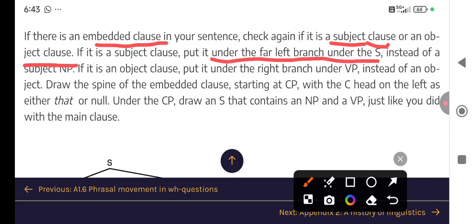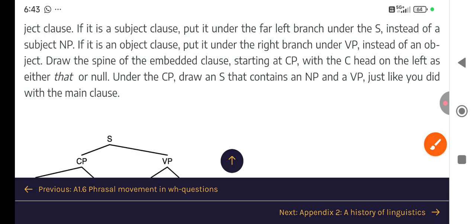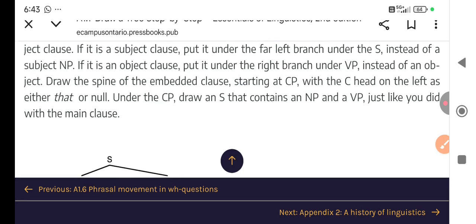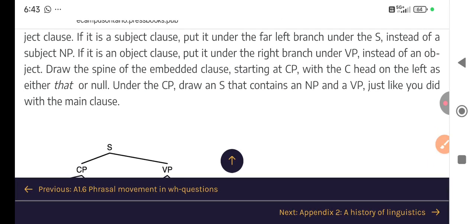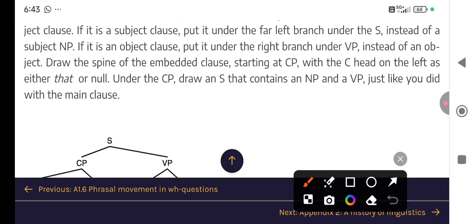Instead of a subject NP, right? You have to put the embedded clause. If it is an object clause, put it under the right branch under VP, right? Of course, that is a part of the object clause: sentence, verb, and object.